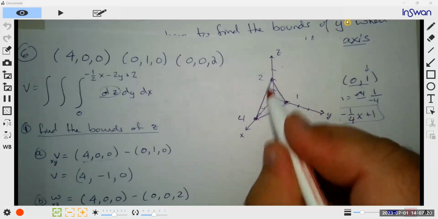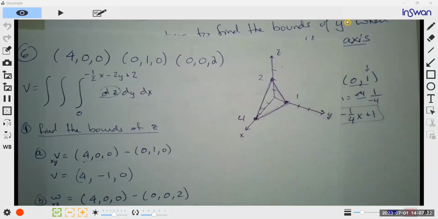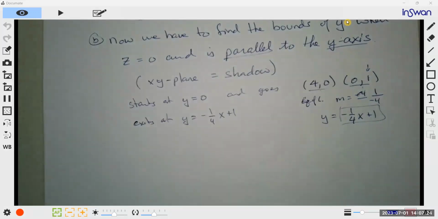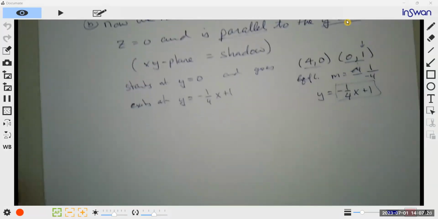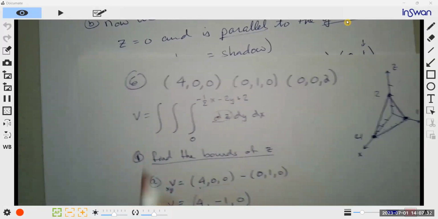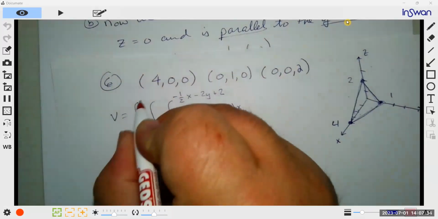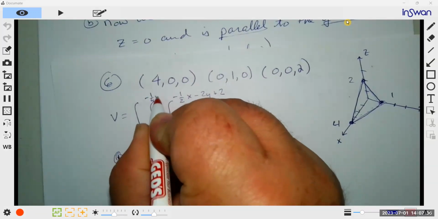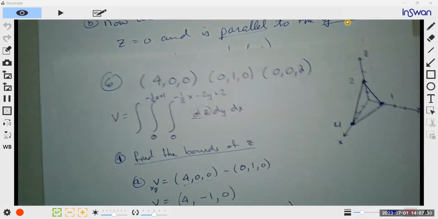That's that face right there. So that's our second bound. We know it starts at 0 and goes to -1/4 x plus 1.